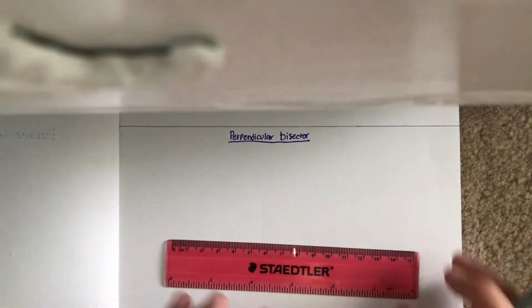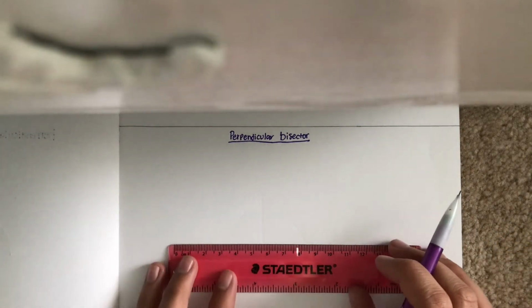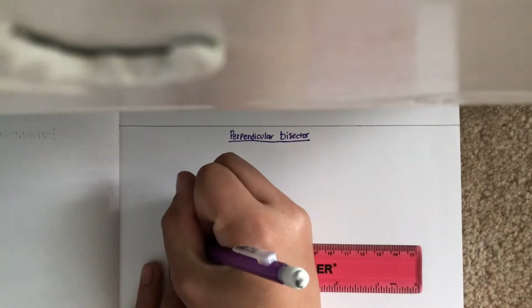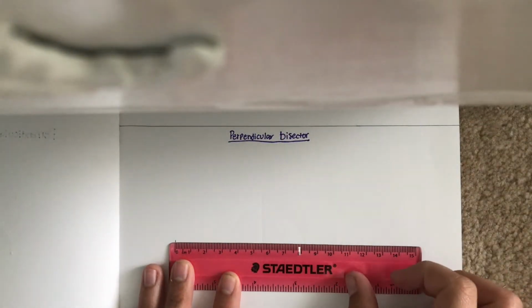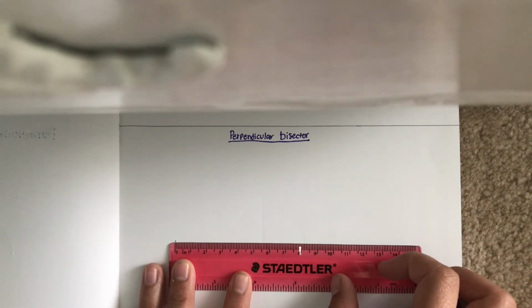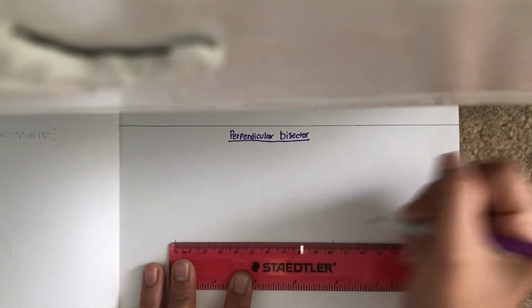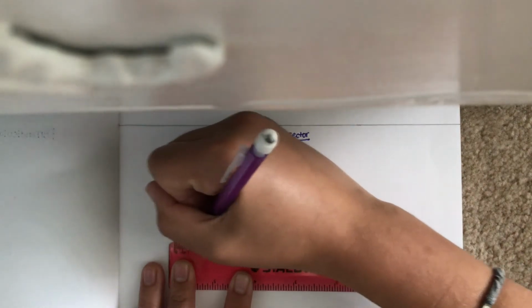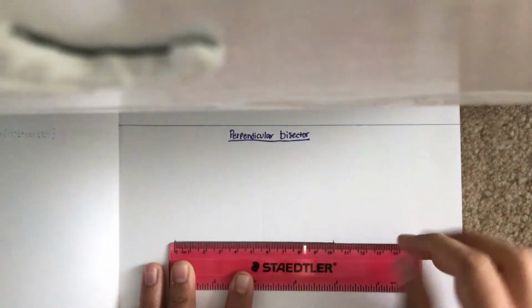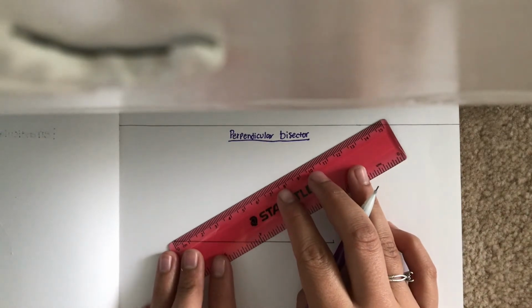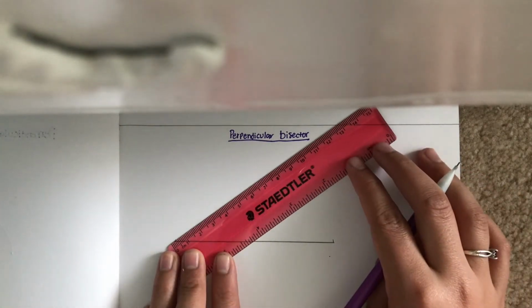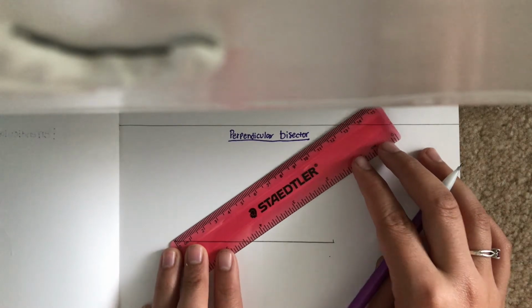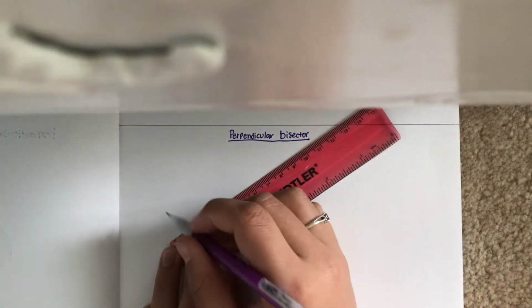Now I'm going to make a perpendicular bisector. I'm going to start off by getting my ruler. I'm going to get this, start at 0, and then I will end at 10. So we're going to do this. And then I will actually probably stop at 6.